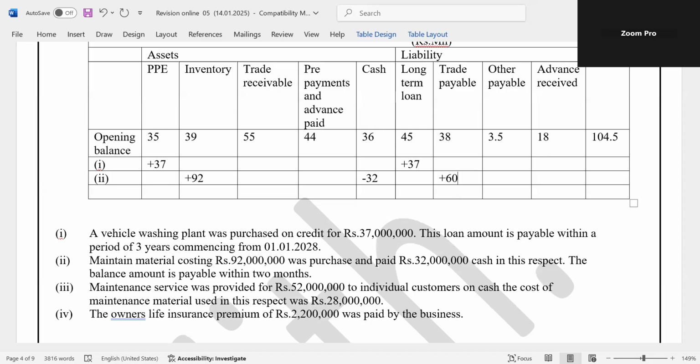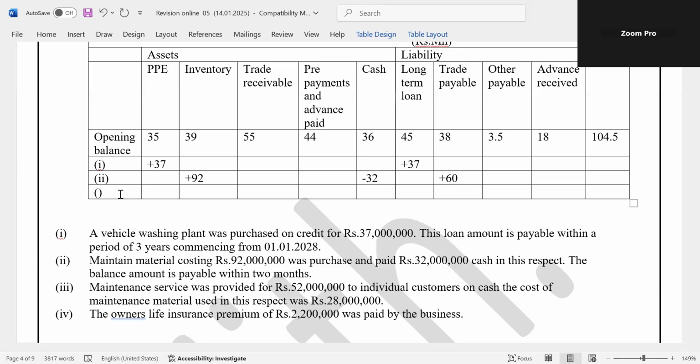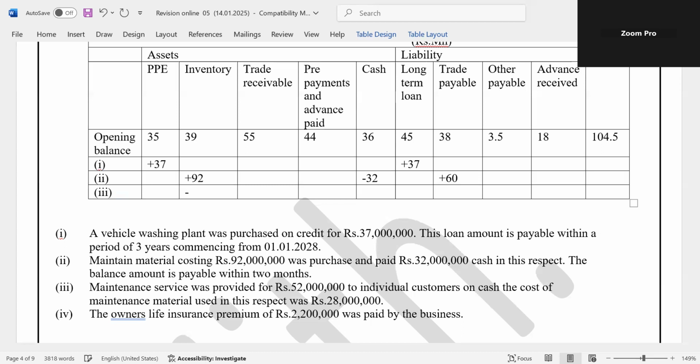Maintenance service was provided for 52 million to a customer on cash. Cost of maintenance material used in this respect 28 million. Third transaction: stock minus 28 million, and cash increased by 52 million.